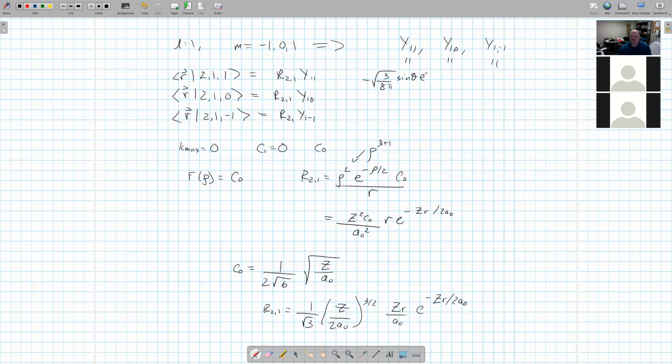Y10 is equal to the square root of 3 divided by 4 pi cosine of theta. Oh, I got those backwards. Sorry, this should be positive, and then this one is negative square root of 3 divided by 8 pi sine of theta e to the i phi. Sorry about that. I was looking in the wrong order.